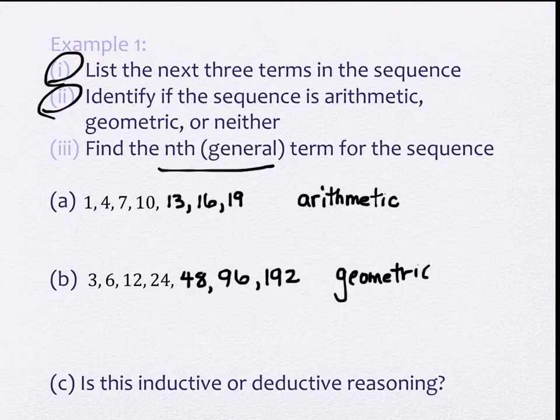Was it 2? Okay, so this first one was adding 3. We're going to need that in a second, so I'll write it down. And this one was multiplying by 2. Okay, now we need to talk about how we make this equation, or this general term.